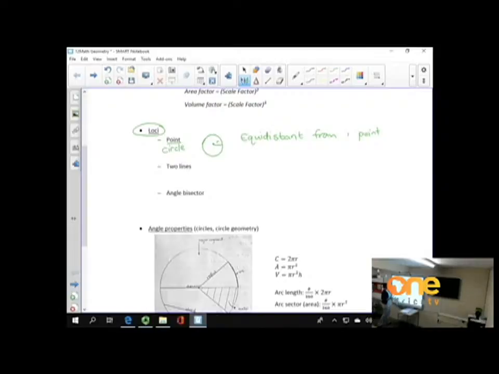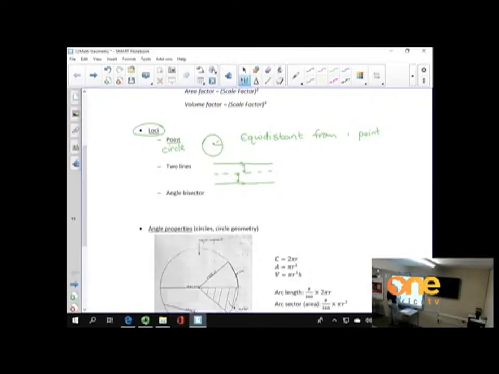Then we go to two lines. This is equidistant from one line, which means you have your line and you need parallel lines the same distance from the center line. So this distance and this distance will be exactly the same.